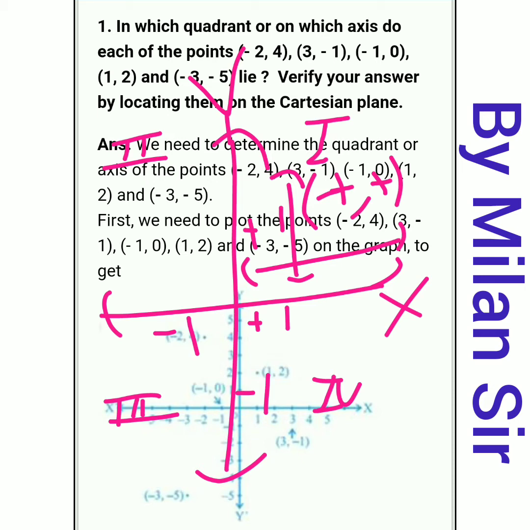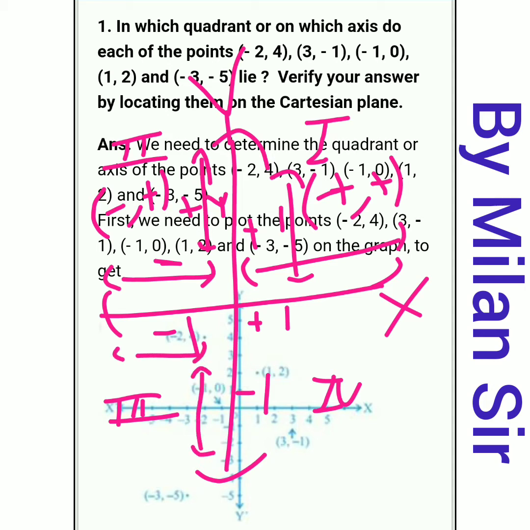Then in the second quadrant, the first sign is negative because negative x axis is there and positive y axis is there. So first sign negative and second sign positive in the second quadrant. Then in the third quadrant, negative x axis is there and negative y axis is there, so both signs are negative.